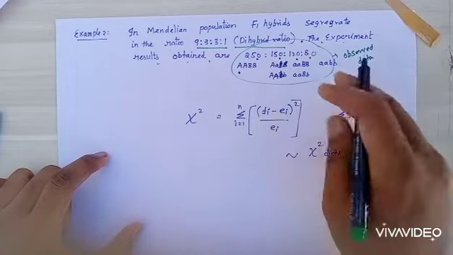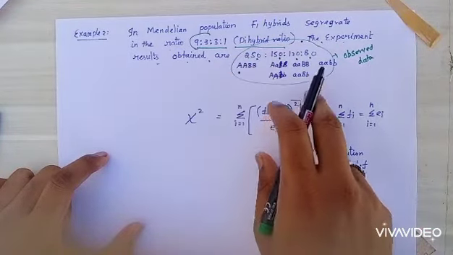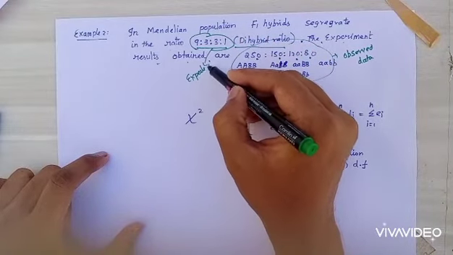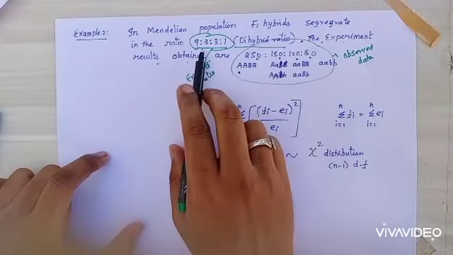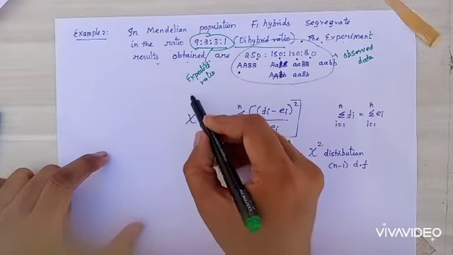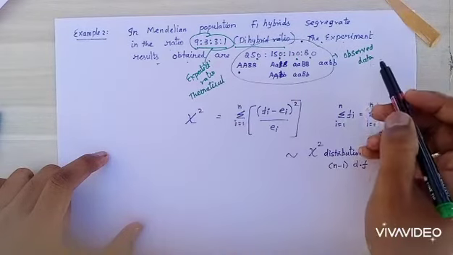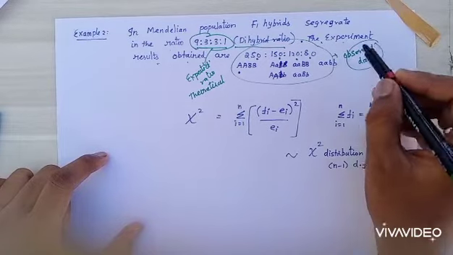So this we want to test with the expected frequency, this one. This is the expected ratio, a theoretical ratio. We want to test this ratio with the observed data, which is experimental data.